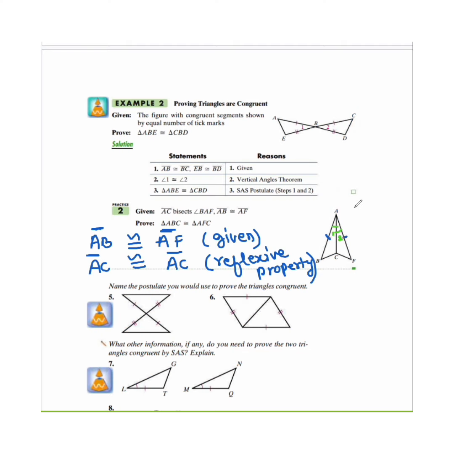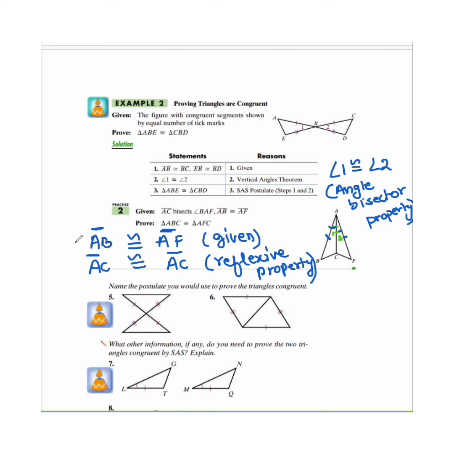And I have two sides which I just proved are congruent. So I need to prove that the angle included between them is also congruent. So I can go ahead and say angle 1 is congruent to angle 2. Why? Angle bisector theorem. Angle 1 equals angle 2.